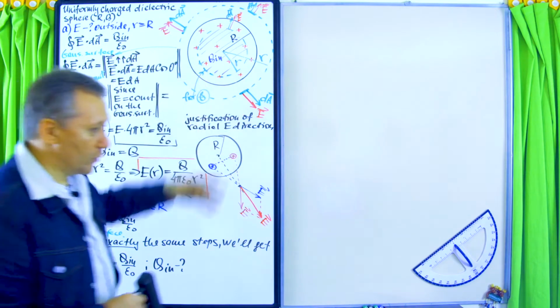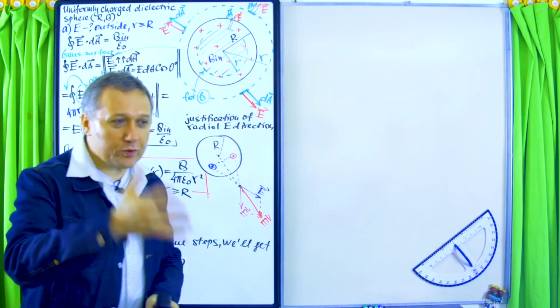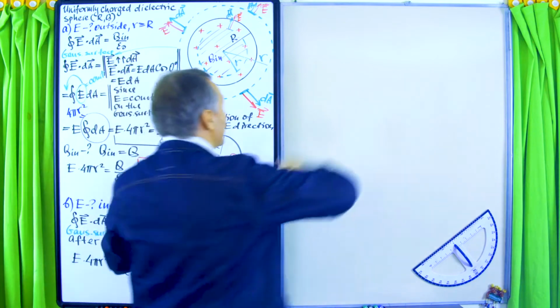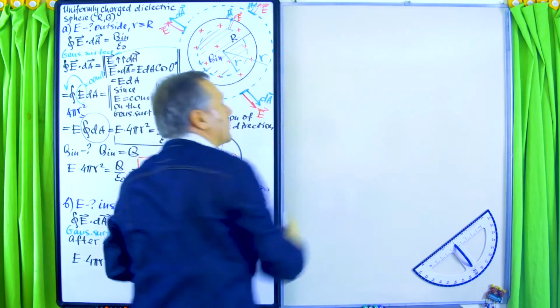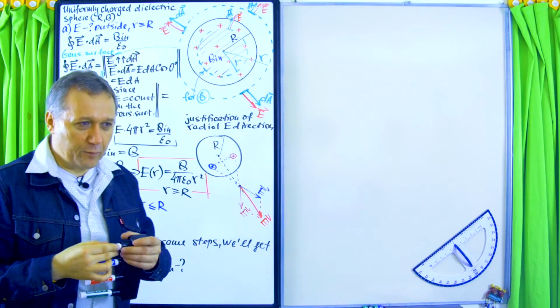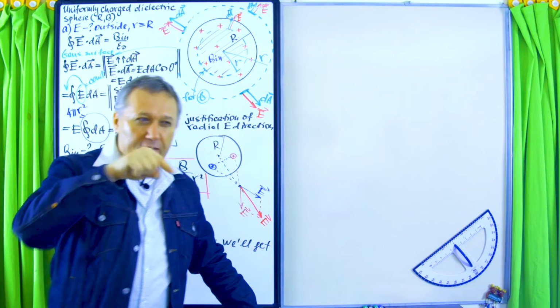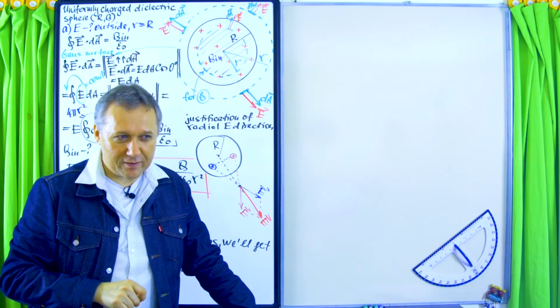Now we are going to use the formulas from that slide which I just mentioned. In the third part, about the volume charge density, it's the second formula in the third box, about the three-dimensional case.